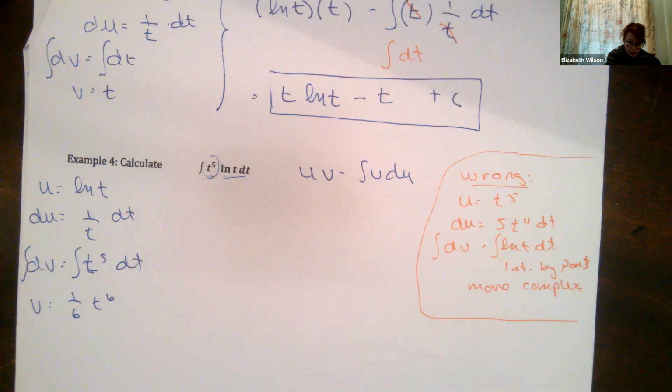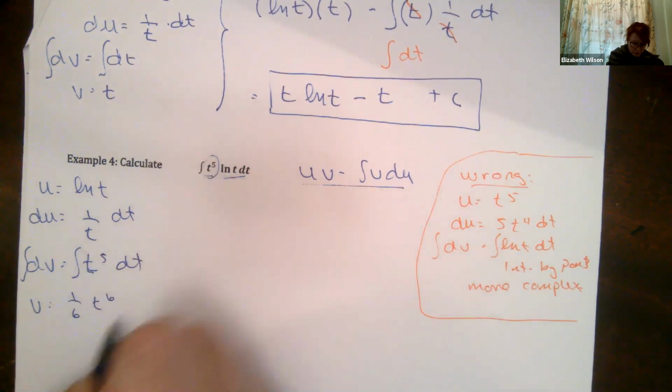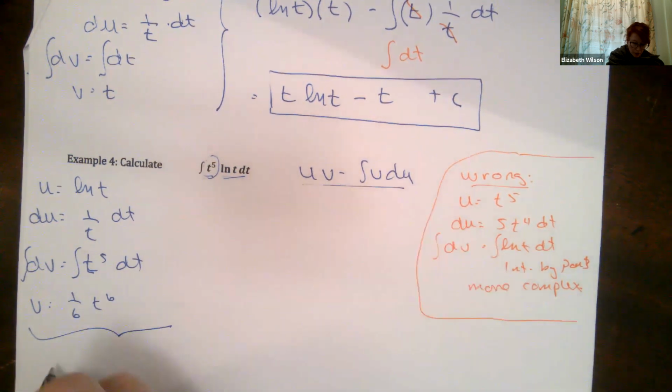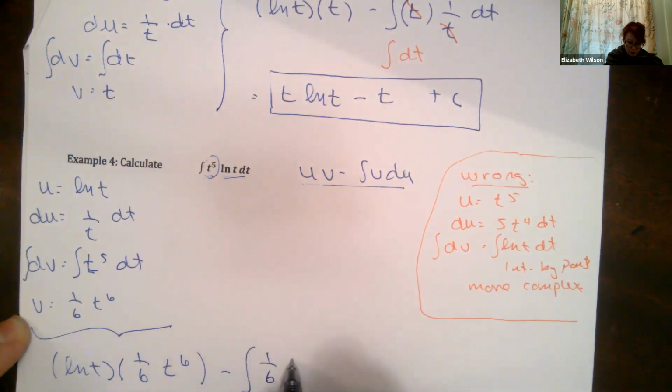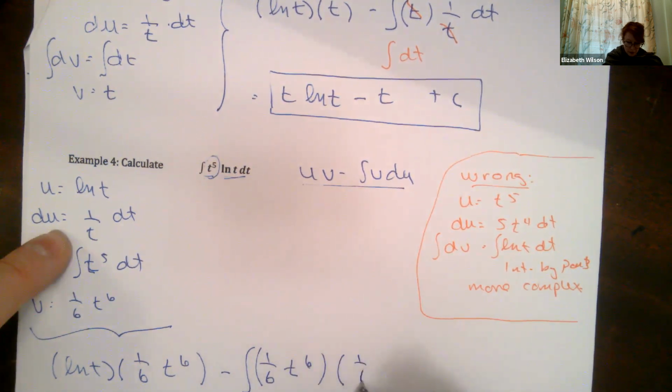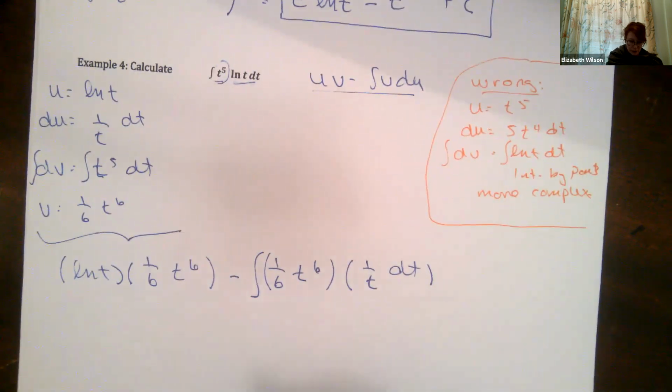Now I'm going to put these together here. This is going to be u times v, so ln of t times 1/6 t to the 6, minus the integral of v, 1/6 t to the 6, times du, which is 1/t dt. Let's clean this up a little bit.